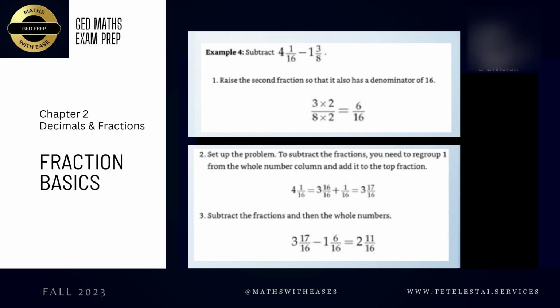Or you can think of it as 16 over 16 plus 16 over 16, 2, plus 16 over 16, 3, plus 16 over 16, 4, plus 1/16, okay? So this notation here, 3 and 16 over 16, is just a different way of writing 4. It's just a mathematical way of writing this 4, because we're dealing with fractions. Okay, I'm not sure if that's clear. If it isn't, indicate.